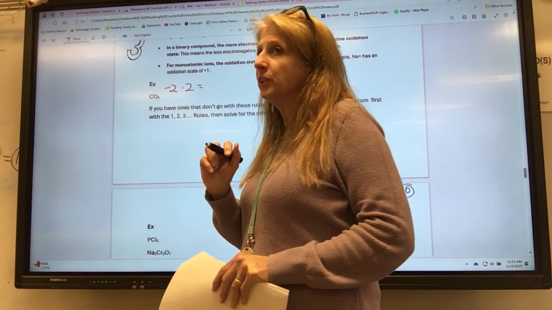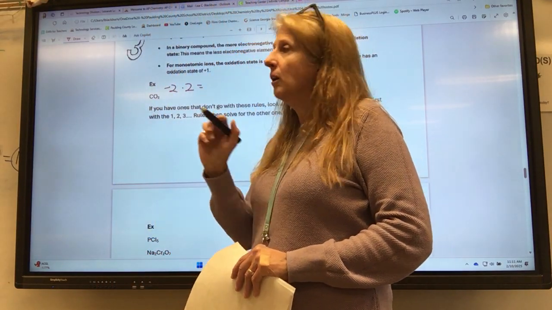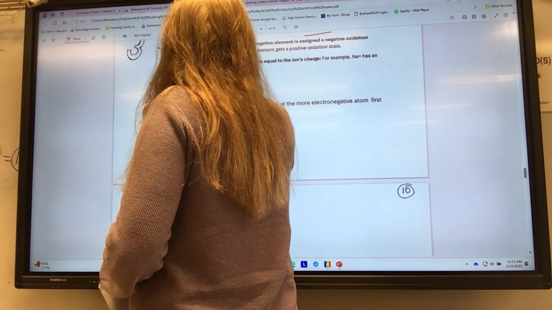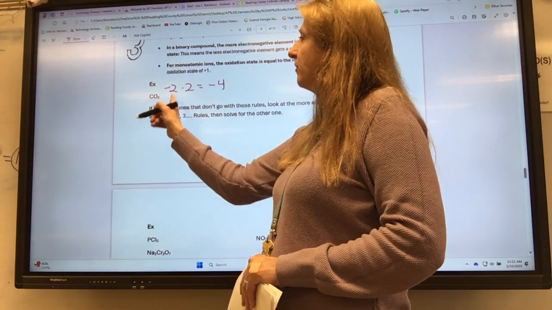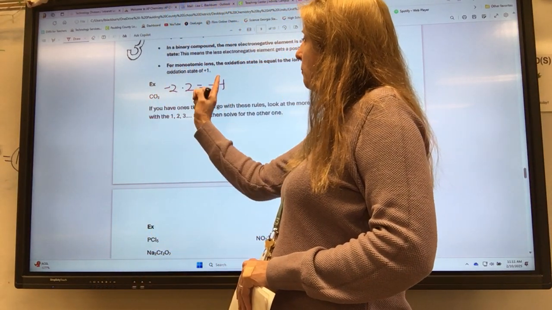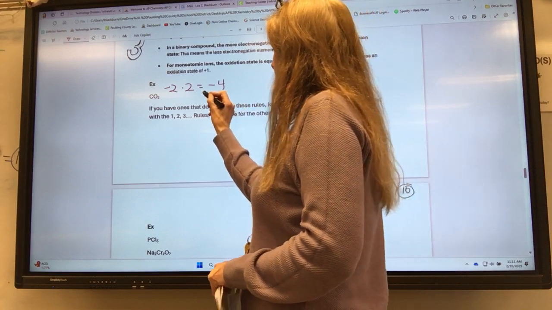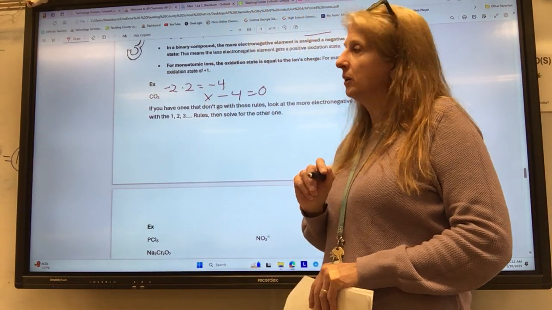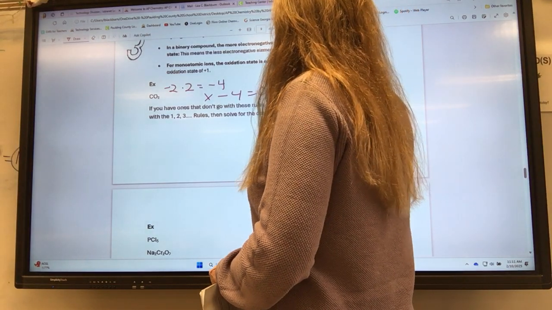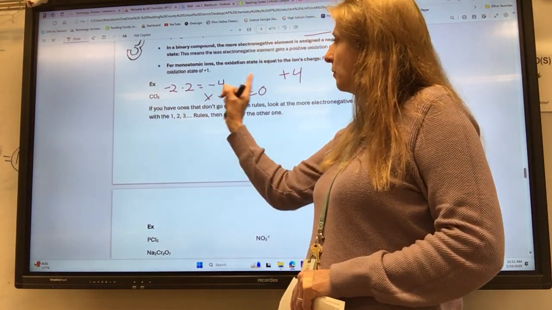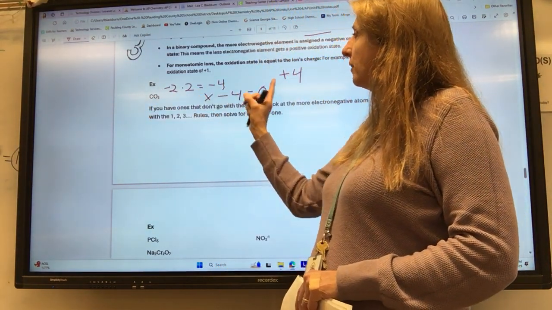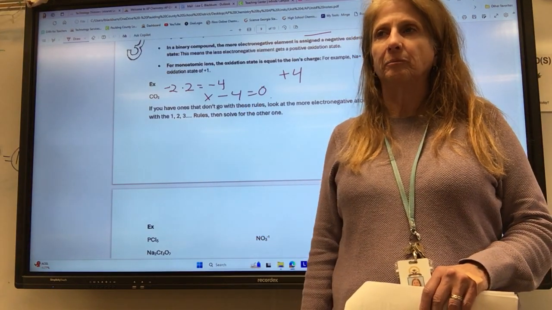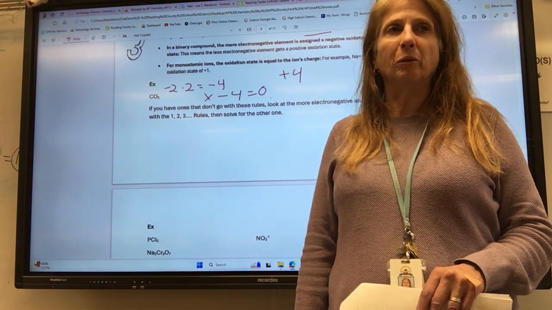What is -2 times 2? -4. The whole thing has to be neutral because that's a neutral thing. What plus -4 equals 0? So what's x equal to? +4, right? So the way to get 0 is 4 minus 4 is 0. That's how you do it. That's not so terrible, is it?